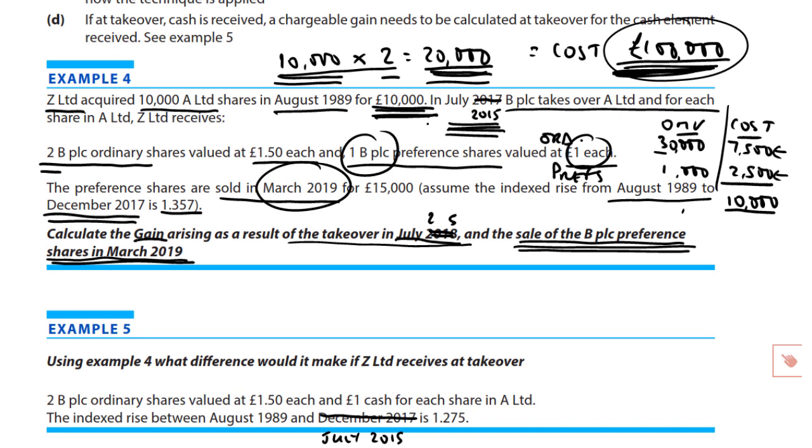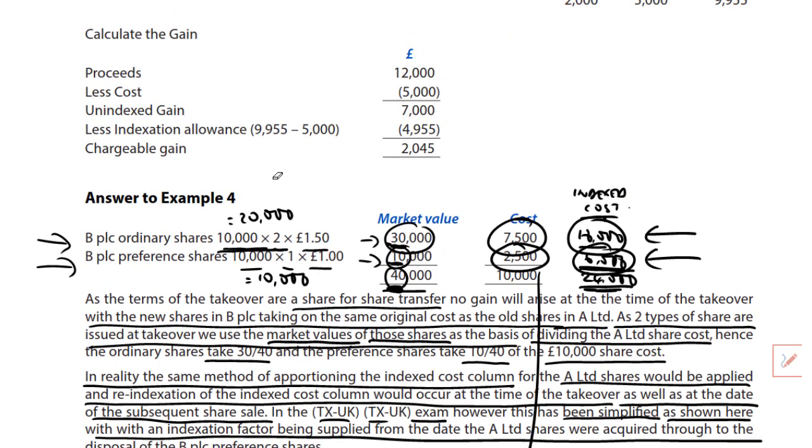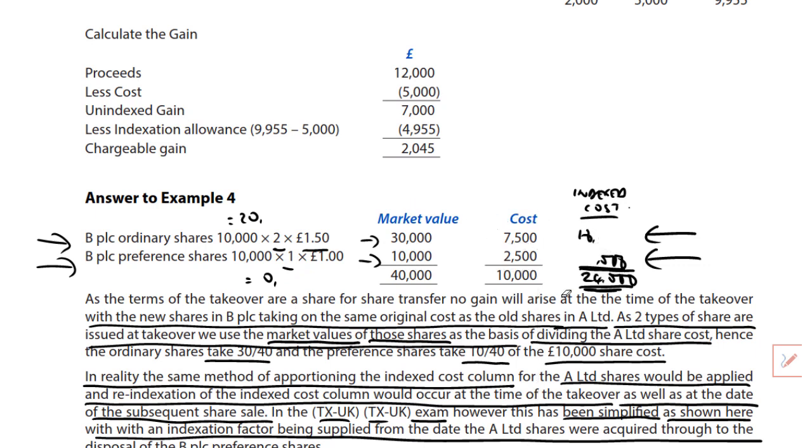So before you can deal with the object of the question, the sale of the preference shares, you've got to deal with the takeover. So you go back, look at what you originally acquired, look at the terms of the takeover, and you do, let's go to a clearer picture of this working here. This is the working that you now do, where you list out what it was you received in the way of BPLC ordinaries, BPLC preference shares.